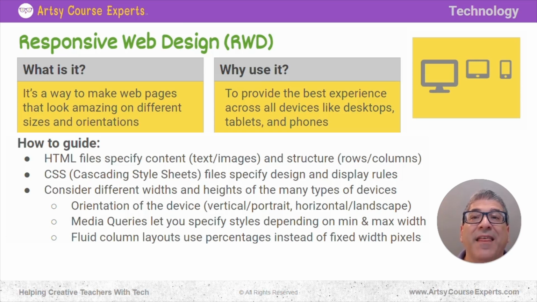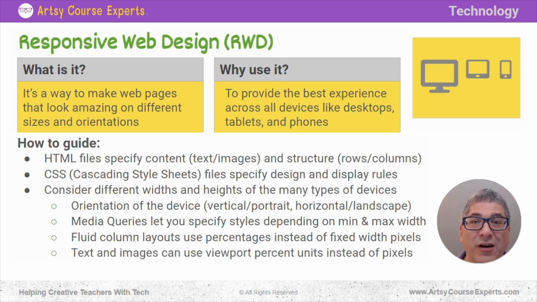Next up is text, like your fonts, headings, the paragraphs, all that stuff. The text and the images should also use percentages instead of pixels. So instead of you saying that image is going to be 720 pixels wide, you're going to say that image is 80% of its parent's container. The parent container might be half the screen, and you're going to say that this image is going to fill 80% of that container.